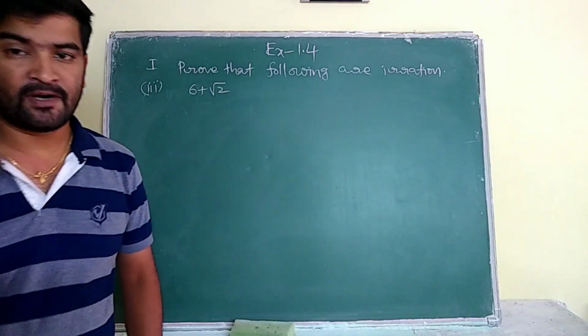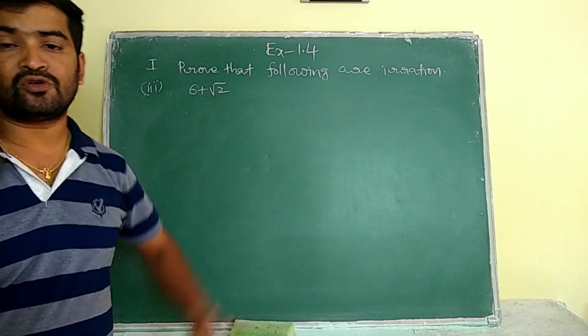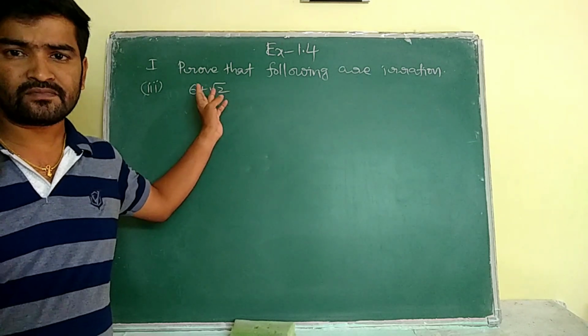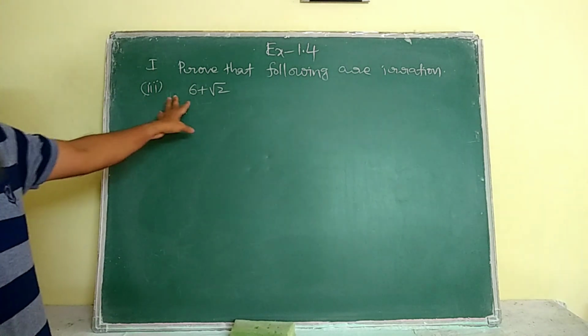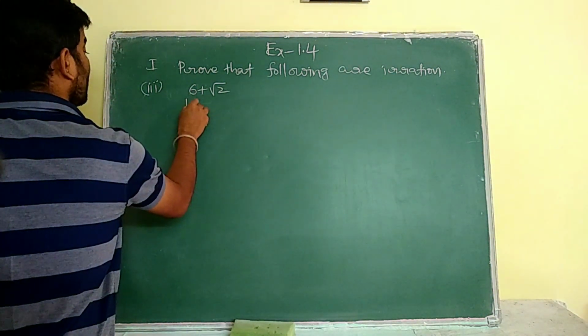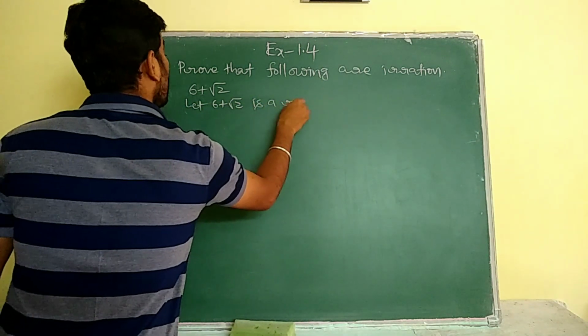Now see in this third question, he is asking us to prove that 6 plus root 2 is an irrational number. It is of model 2: a plus root b. So firstly we have to assume this as a rational number. Let 6 plus root 2 be a rational number.